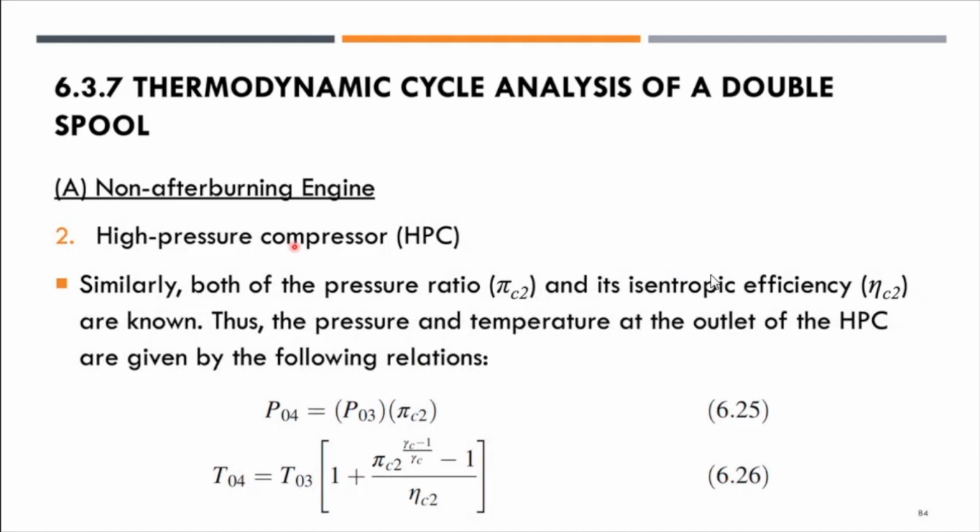For the high pressure compressor, similarly, both the pressure ratio, which we call pi C2, the pressure ratio for the second compressor, and its isentropic efficiency zeta C2 are known. Thus the pressure and temperature at the outlet of the HPC are given by the following. We can now get P04 and T04.